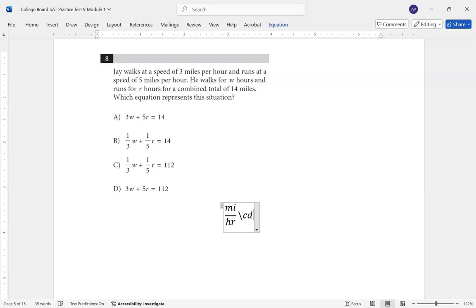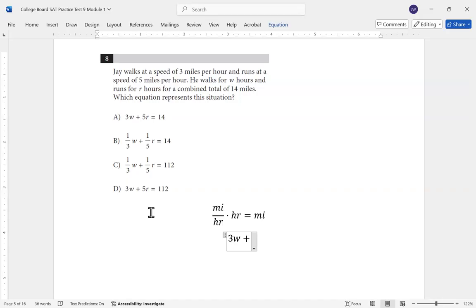If we multiply that times the number of hours, we're going to get how many miles that Jay walked and ran in each situation. So if he's walking for W hours at 3 miles per hour, then 3W is the number of miles he walks.